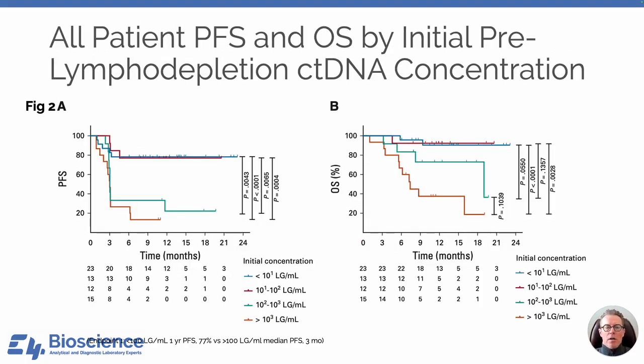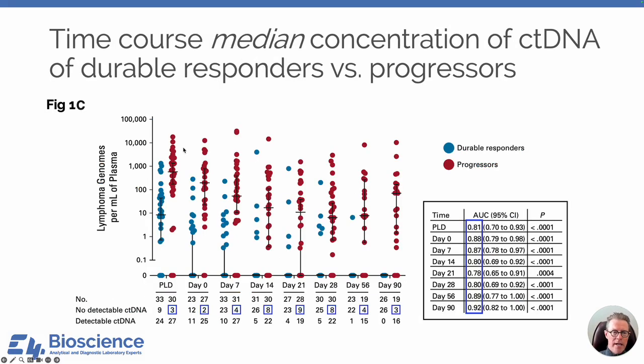Okay, let's move on to some Kaplan-Meier curves then. These are all patients, progression-free survival and overall survival by their initial pre-lymphodepletion ctDNA concentration. Just as a reminder to everybody, it's taking these patients over here and asking what happened over the course of a year of time.